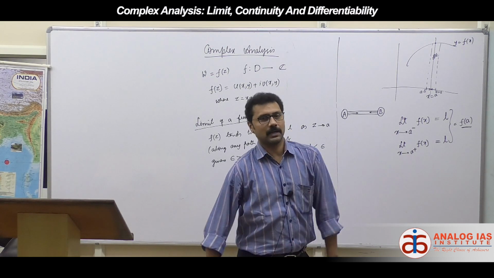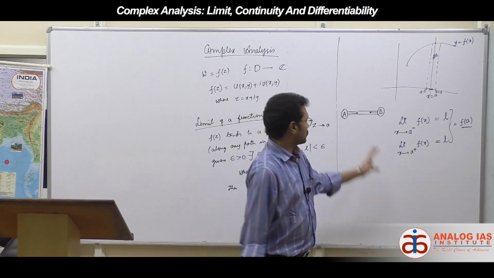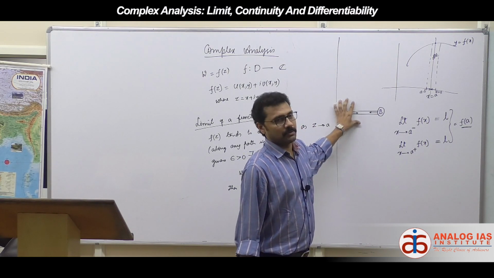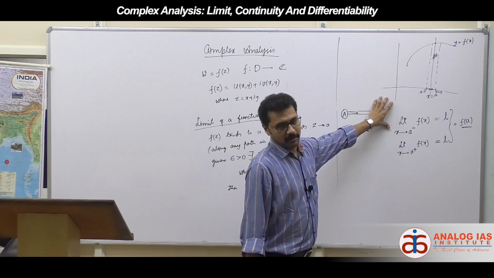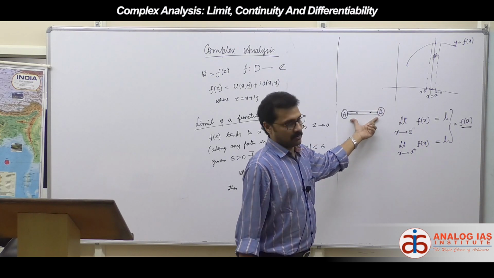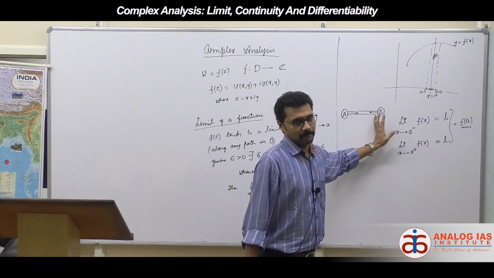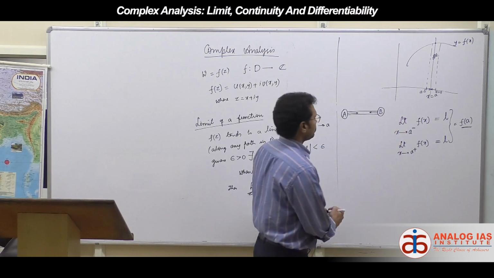Another approach is there. You are a collector, you can ask your deputy also. You start from A, you ask your deputy to start from B. Both of you travel along the road, one from this side, the other from this side.